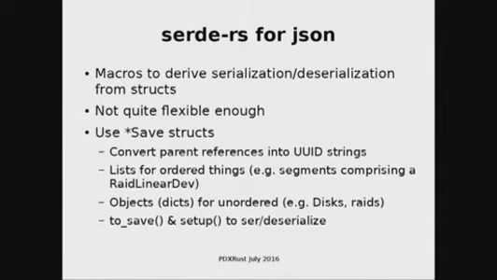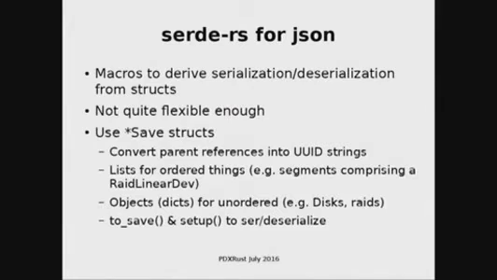And then when it comes to deserialize, then some code has to be written to kind of take those UUIDs and then match them up and then kind of relink things when you're recreating the in-memory objects. And that's what the toSave and setup functions do. It was tempting to try to make Serde work without doing that, but that actually made things a lot easier to just kind of do that by hand.